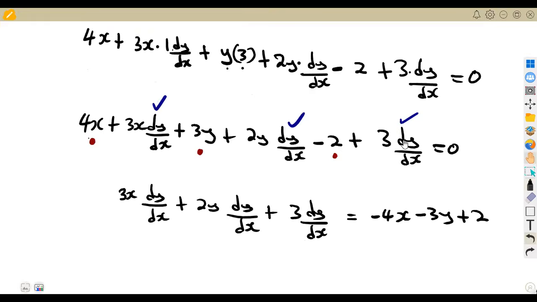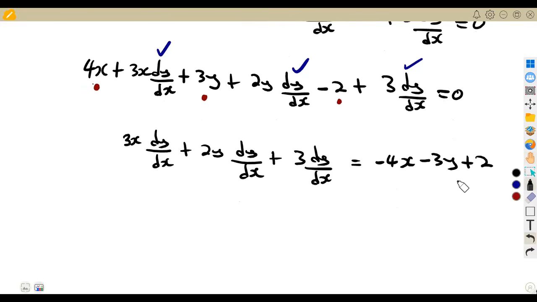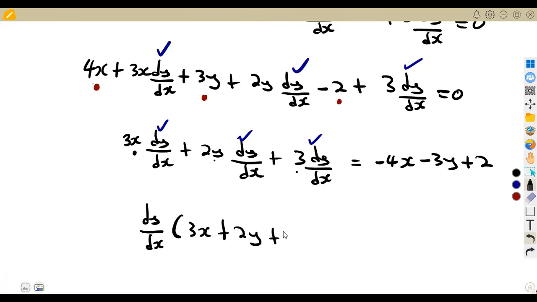So we can factor out the common term, which is our dy/dx, the one that we wanted from one side of our equation. By factoring out dy/dx, we are remaining with what? This is going to give us 3x plus 2y plus 3 in this case, which is equal to the whole of this expression on the other hand, minus 4x minus 3y plus 2.